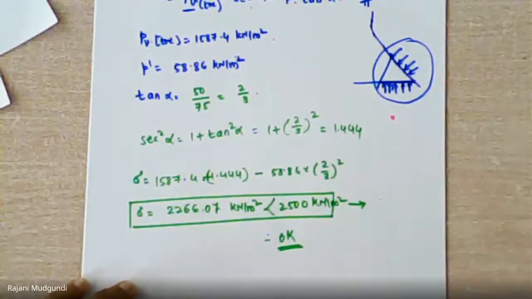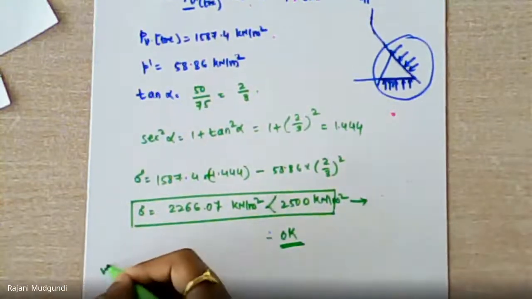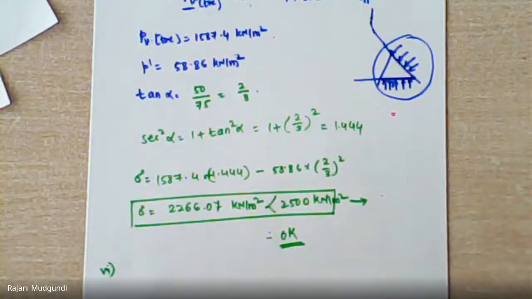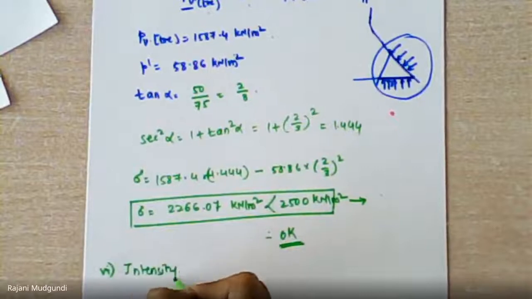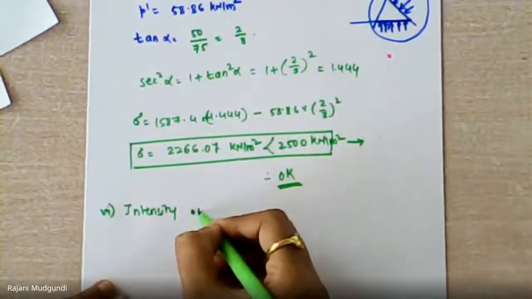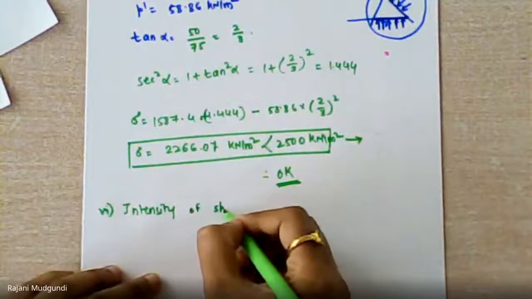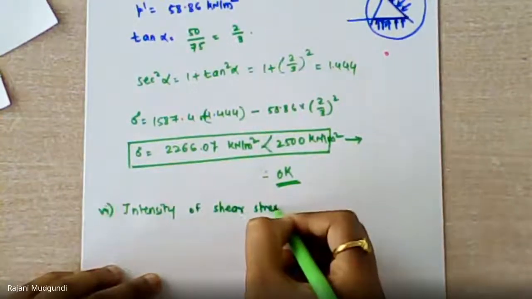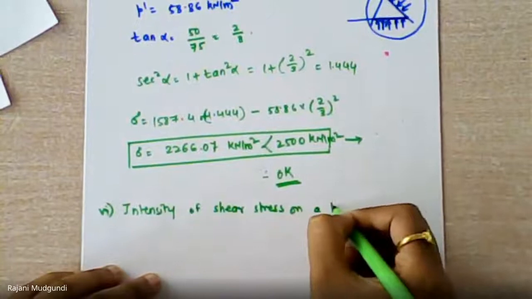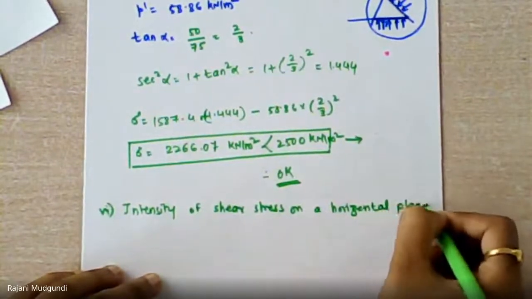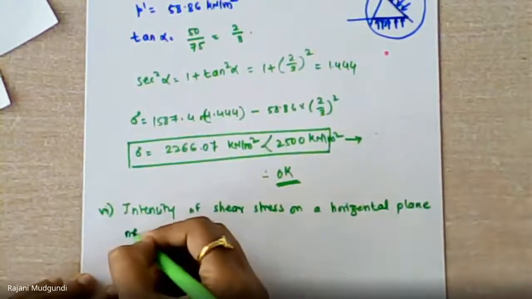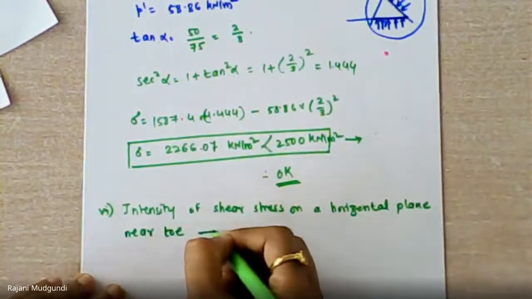Right? Now the last one: the calculation of intensity of shear stress on a horizontal plane near the toe. So the last question, intensity of shear stress on a horizontal plane near toe.